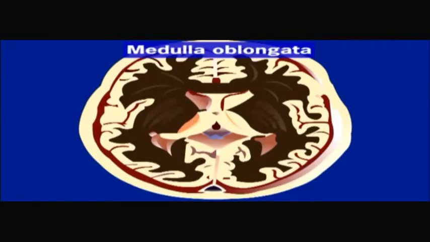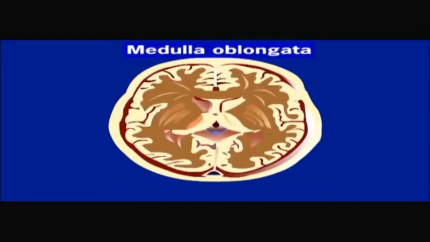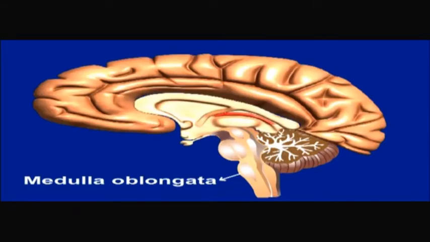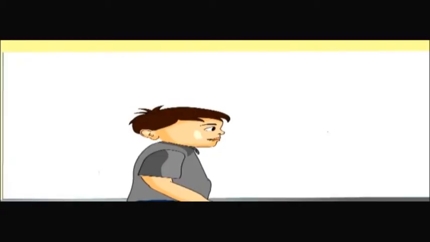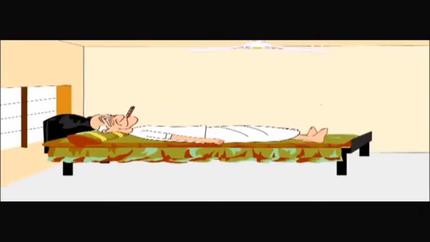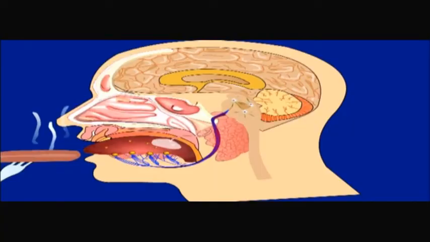Medulla oblongata, unlike other parts of the brain, has white matter on the surface and grey matter inside. Medulla oblongata regulates involuntary functions and also controls vital functions such as respiration, heartbeat, blood pressure, temperature, secretions by salivary glands, etc.